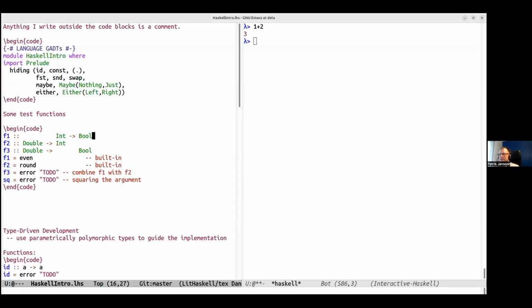Okay, so hopefully you can now see an editor window. On the left-hand side is some text, and on the right-hand side is mostly empty. It's basically a strong calculator, and that's the interpreter for the language Haskell. Well, you see, I've written 1 + 2 there and it returned 3.